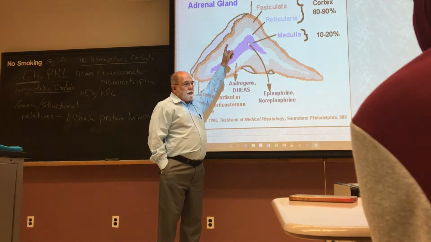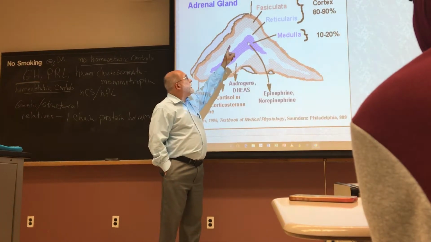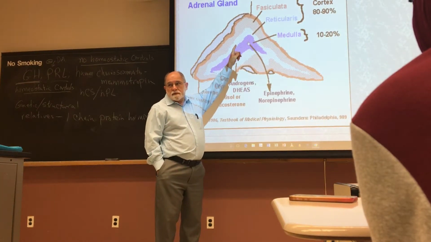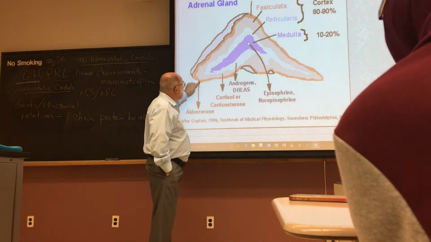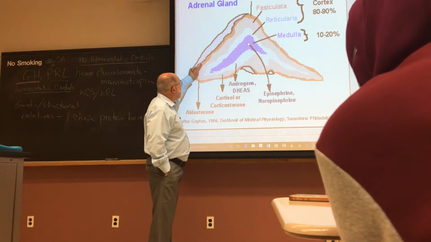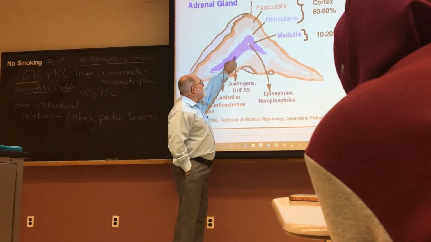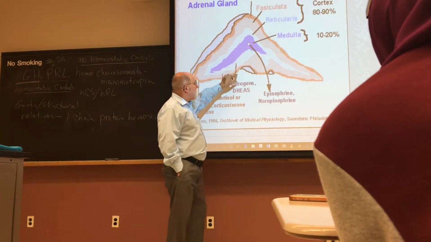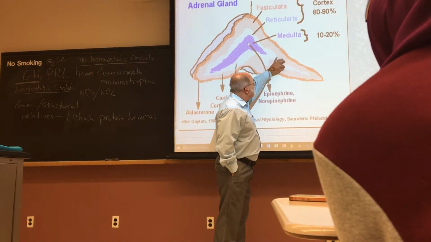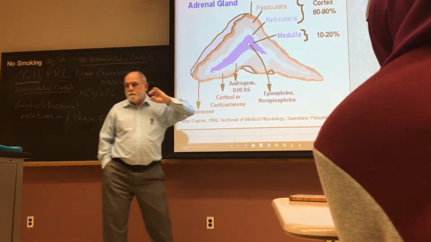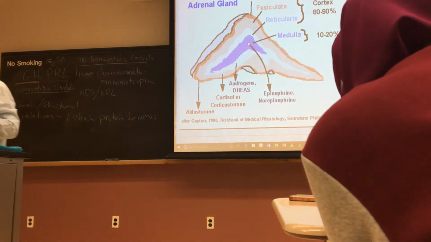Kidneys are, the functional portion of the kidney is the glomerulus, okay? So this is the part that affects the kidney. This is not under ACTH feedback control. But these two layers are. Okay. So.